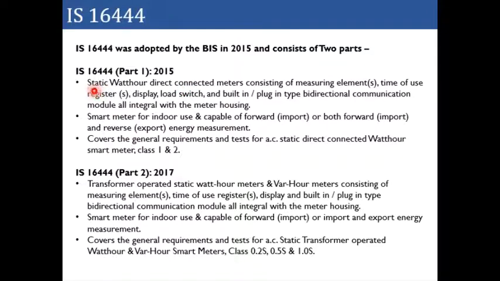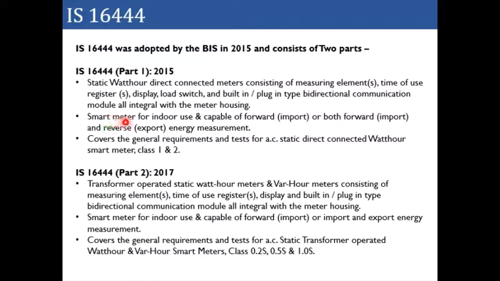So this contains static watt hour direct connected meters consisting of measuring elements, time of use registers, display, load switch, and built-in or plug-in type of bidirectional communication module, all integral with the meter housing.